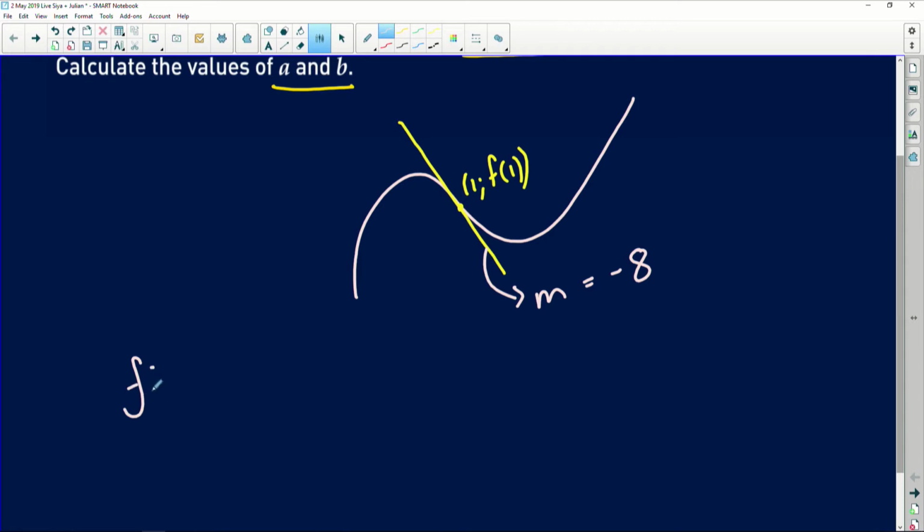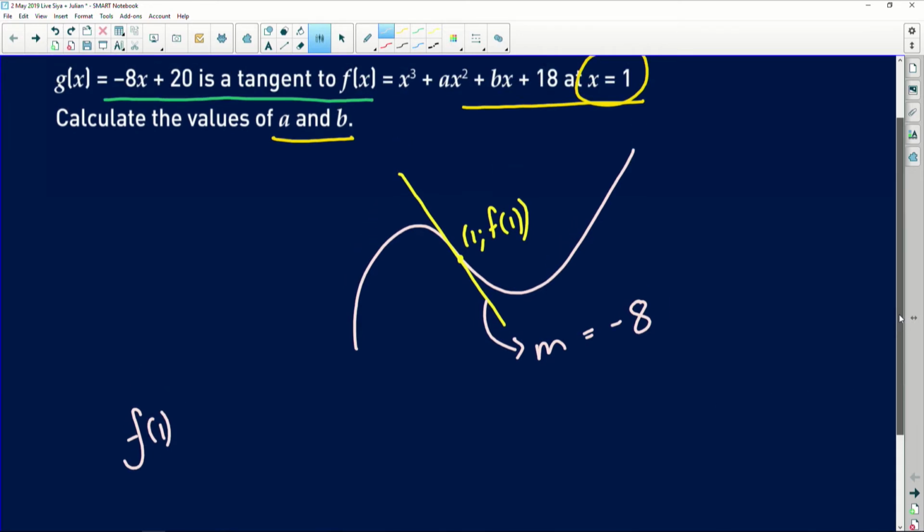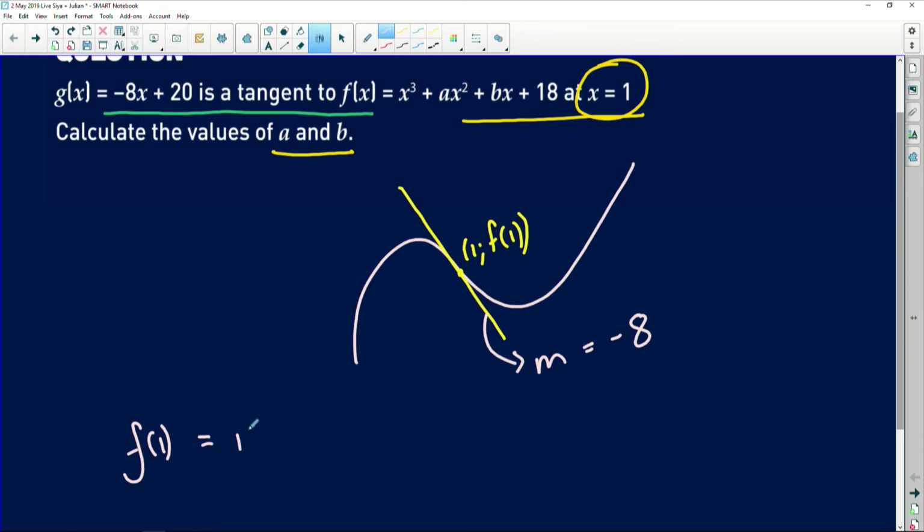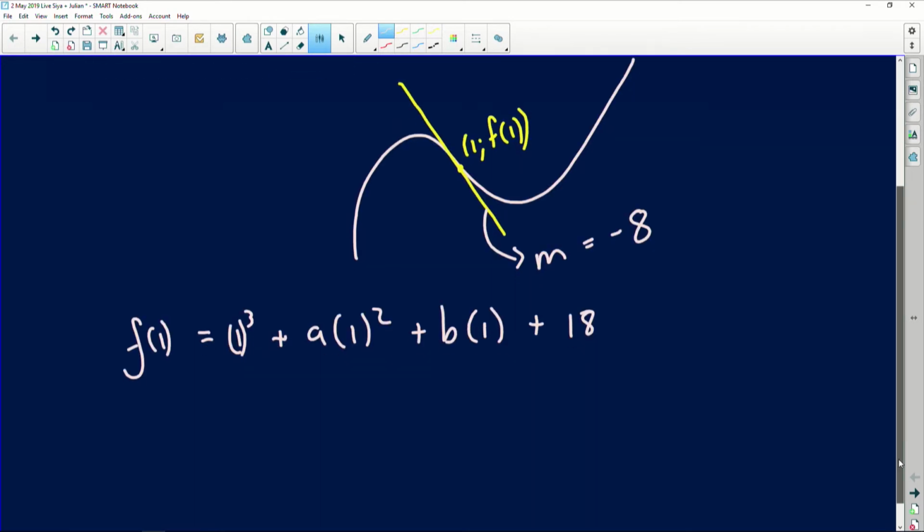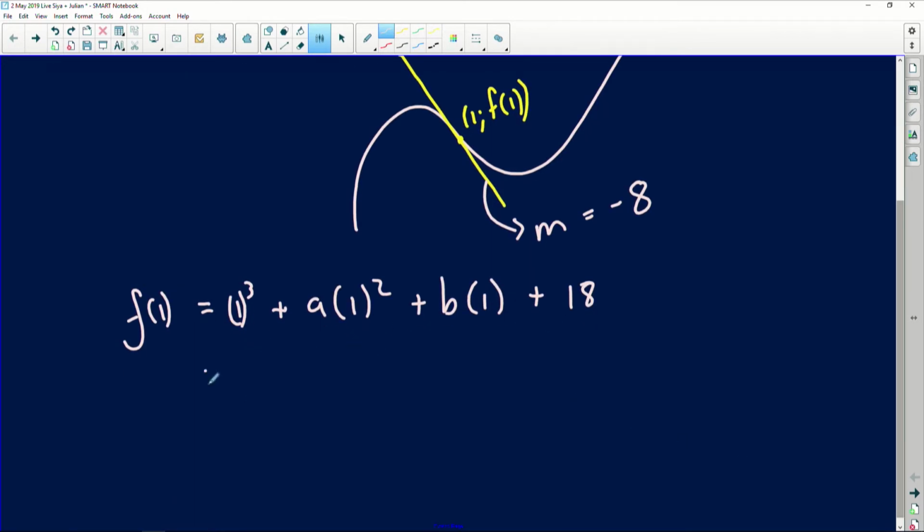So to do that, we're going to have f of 1, and that's going to be equal to 1 cubed plus a multiplied by 1 squared plus b multiplied by 1 plus 18. Now, if we simplify my right-hand side, we're going to have f of 1 is equal to 1 plus a plus b plus 18, and that is going to be equal to a plus b plus 19.